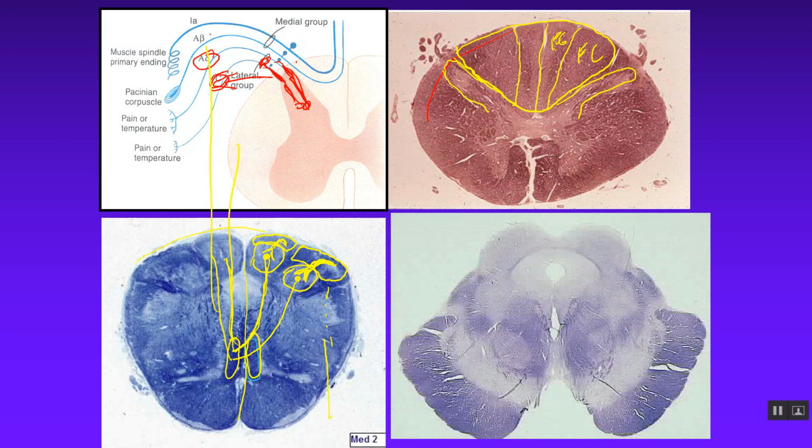They cross in the lower medulla. The actual crossing point is the lemniscal decussation, which is in the lower medulla. The lemniscal decussation is this region, right? You got these crossing over from this side, and these guys over here crossing over from this side.